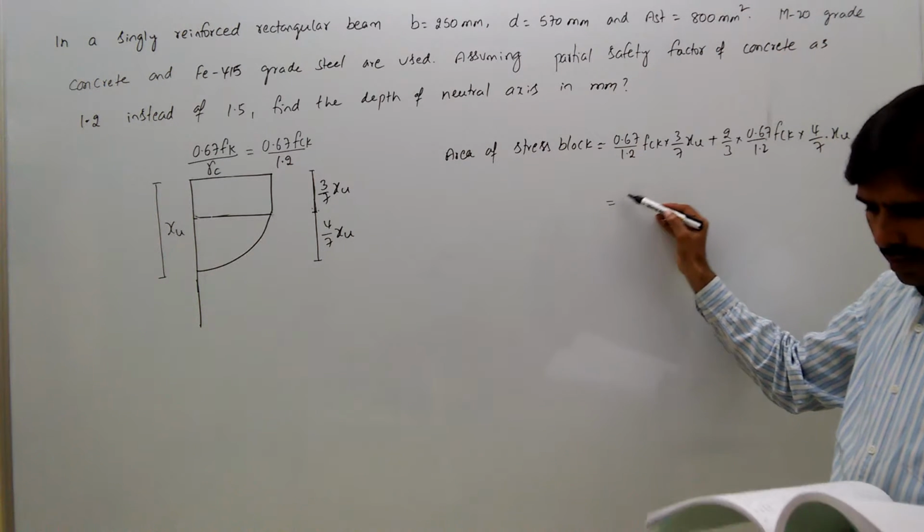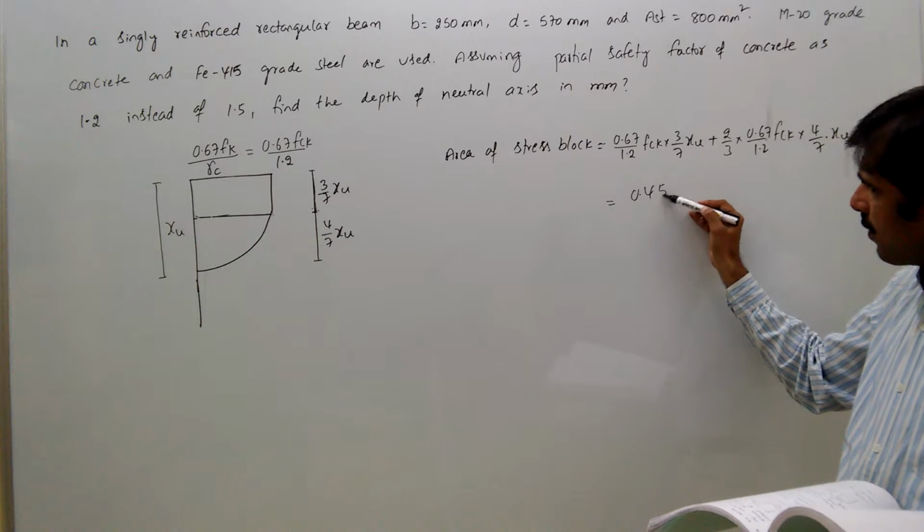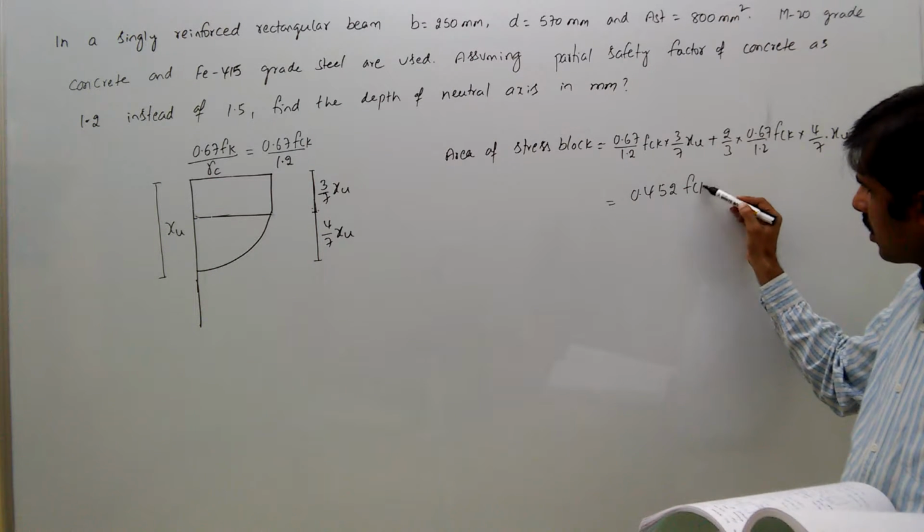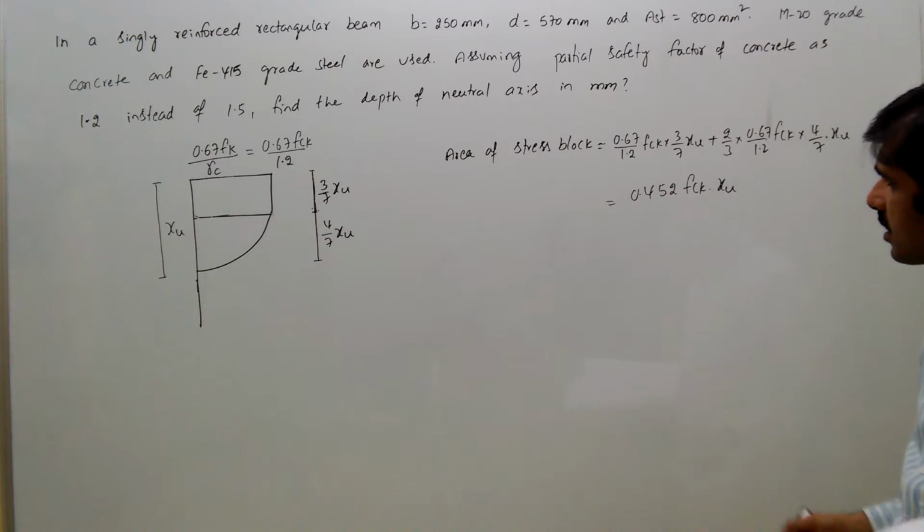Calculating, this will be 0.452 FCK XU. This is the area of stress block.